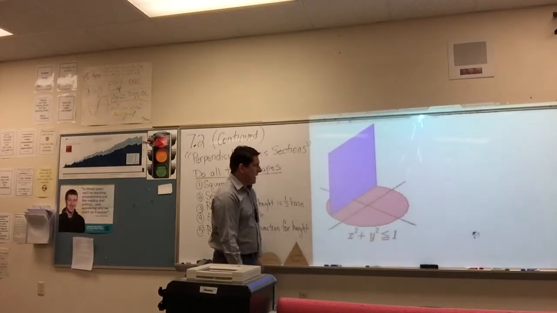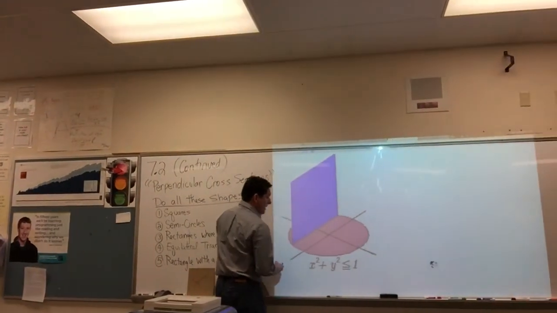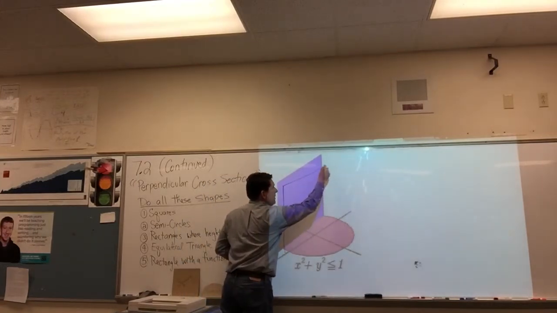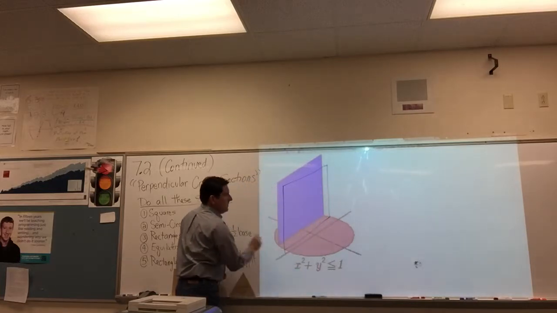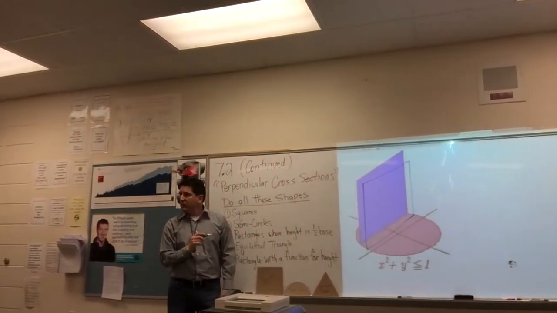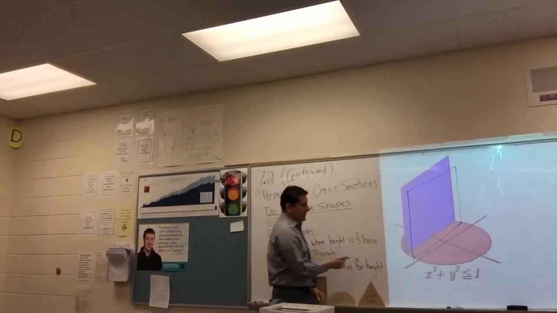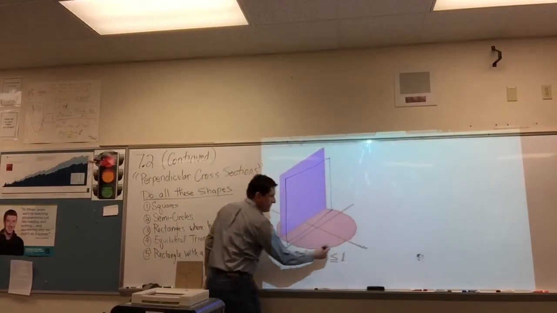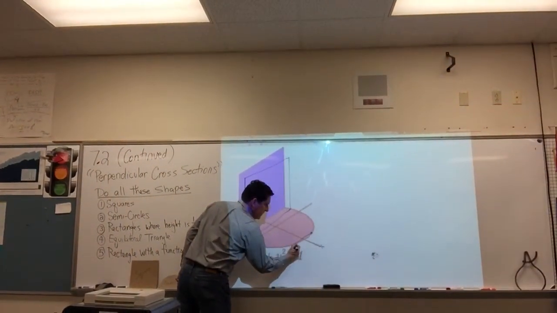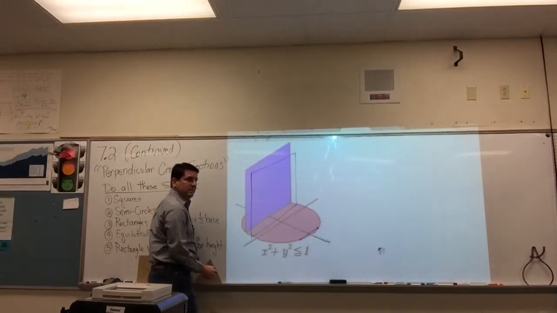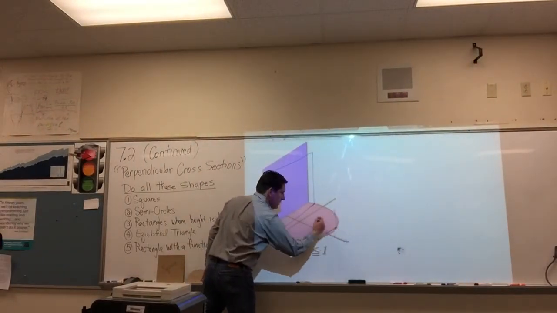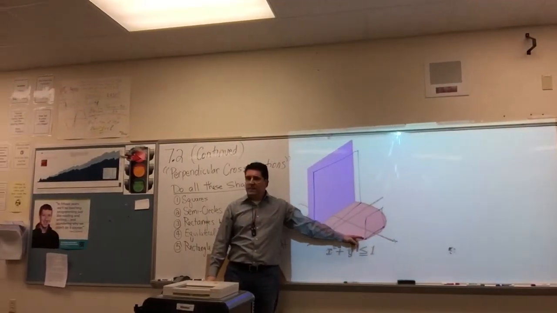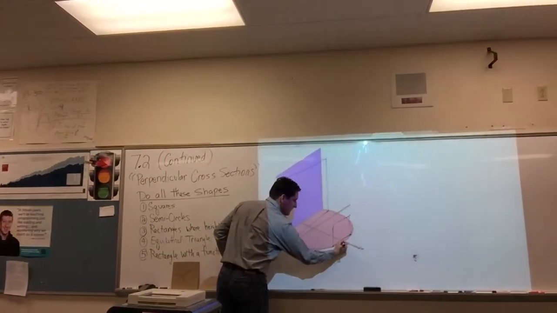So what happens is we end up having squares that go everywhere along this axis right here. We'll call this the x-axis. And the size of the square varies based upon the value of the x. So, if you can see what I'm doing here, this would be the square that would be formed based upon this x value.